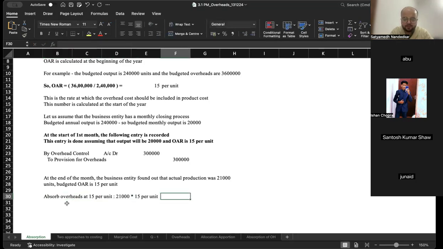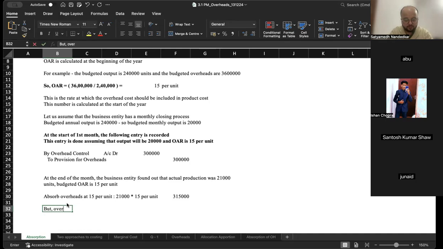The amount will be 21,000 into 15, that is 3,15,000. It wants to absorb overheads at 15 per unit. So this is the amount it thinks ideally should be incurred.